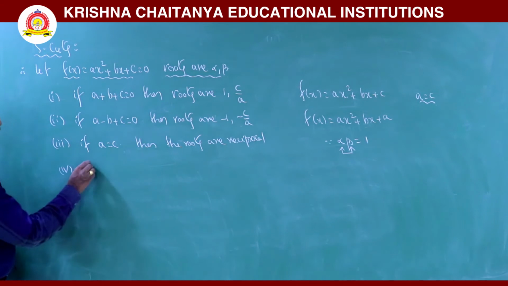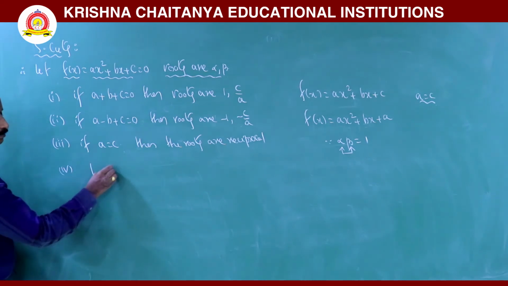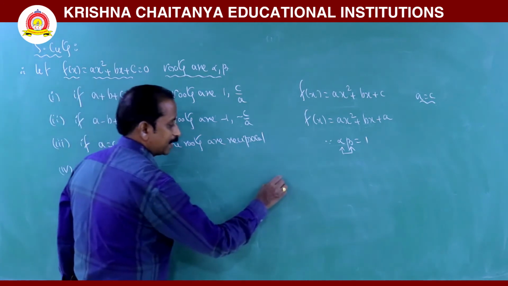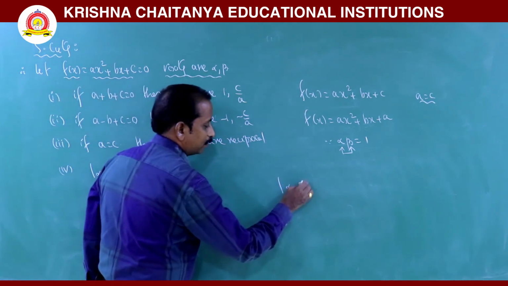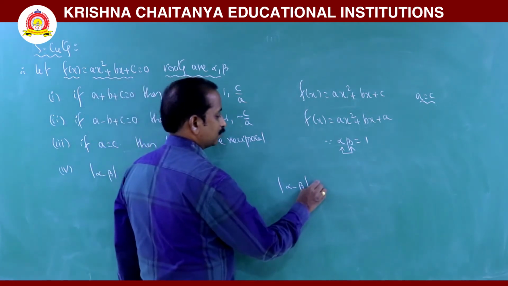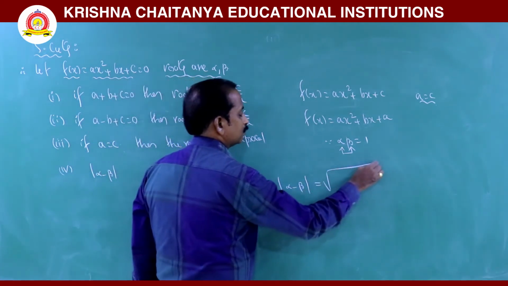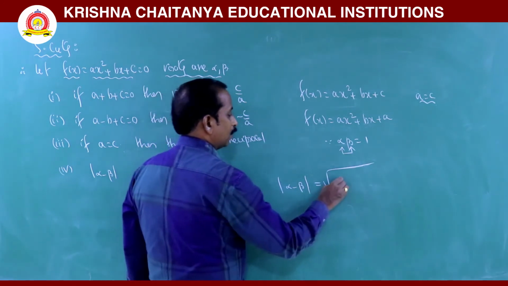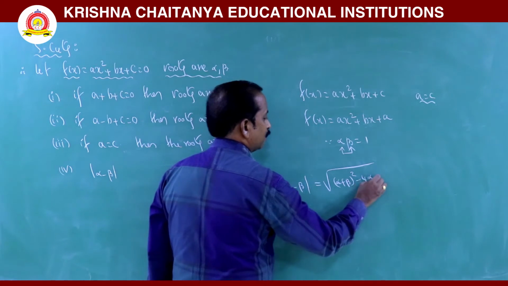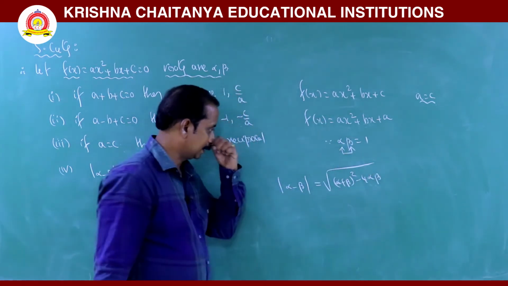So modulus of alpha minus beta, indirectly that is in the form modulus of a minus b. Can I write modulus of a minus b is equal to square root of (alpha plus beta) whole square minus 4 alpha beta? Let us check.